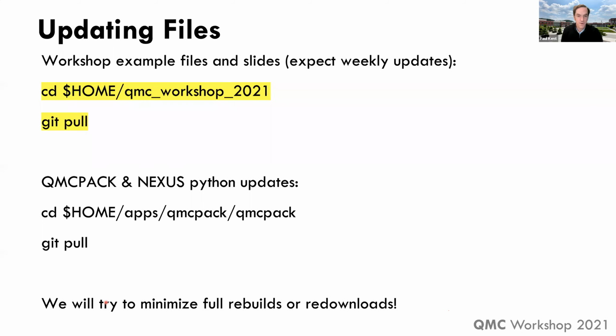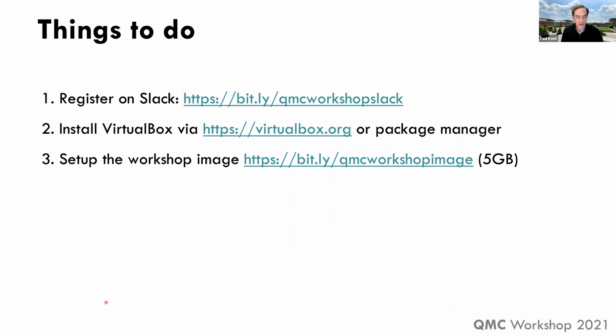Now, before I wrap up this simple first week, here are some things to do if you haven't already. Register on Slack if you're able. And then sometime over the following days, get up to speed with VirtualBox, which you can get from the website, or some package manager for your system, and then download and get set up with the workshop image.